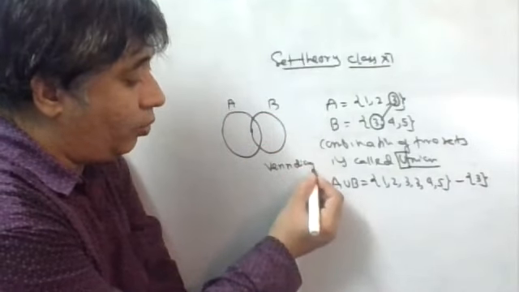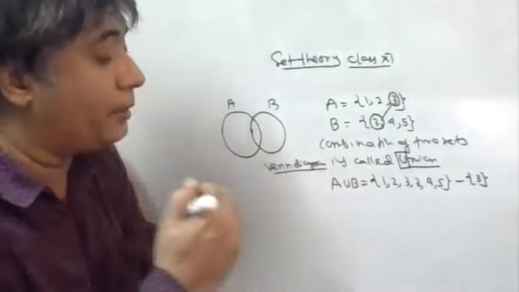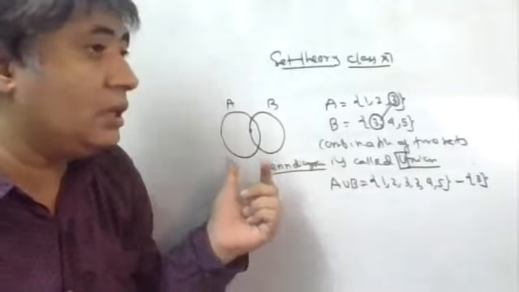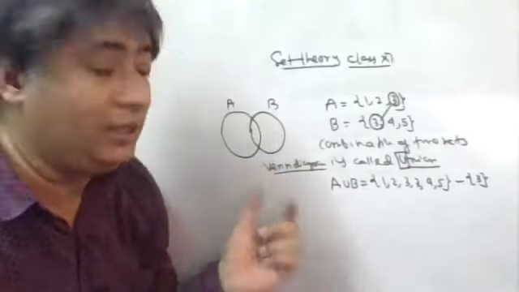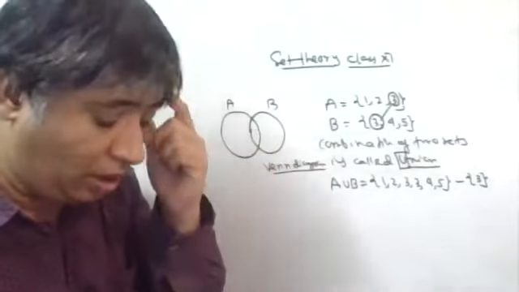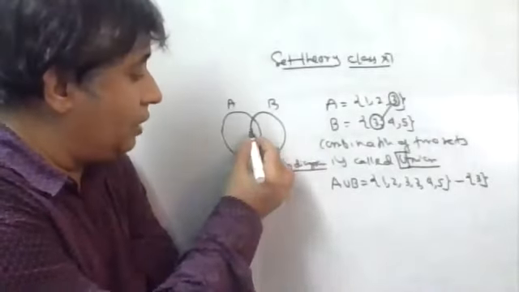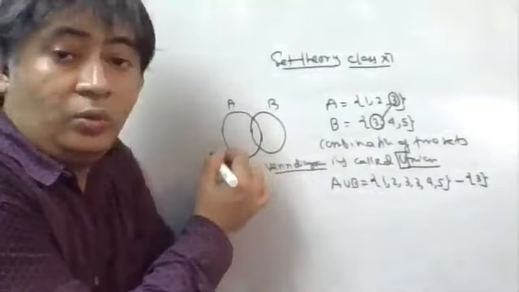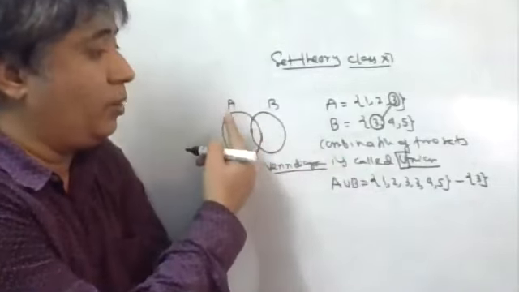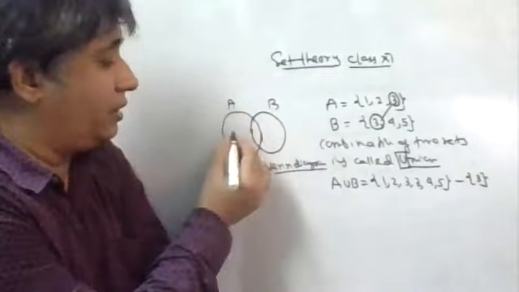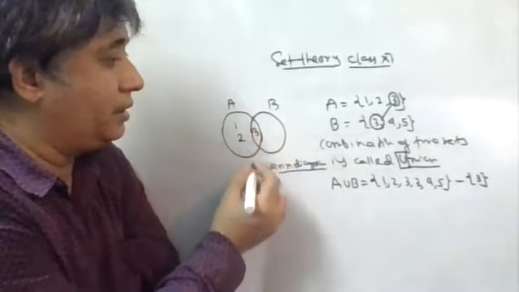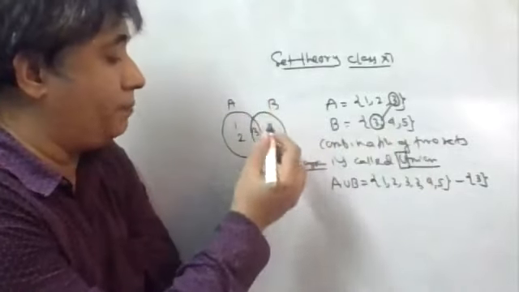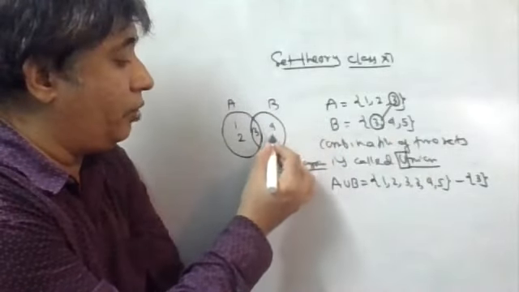When the sets are represented by diagram using round shaped figures, this diagram is called Venn diagram. Now you see, suppose A is represented by a round shaped figure with 1, 2, and 3, and B is represented by another round shaped figure with 3, 4, 5.